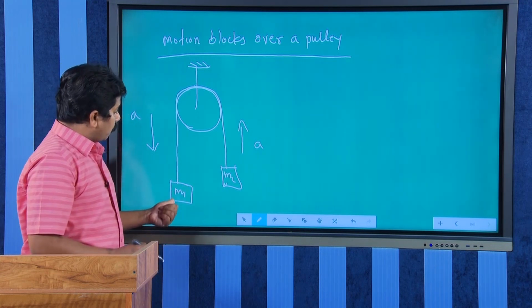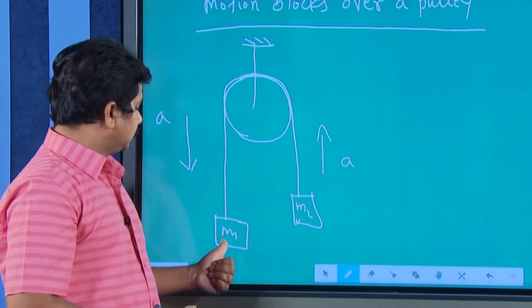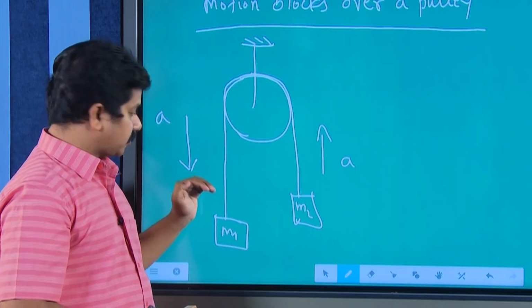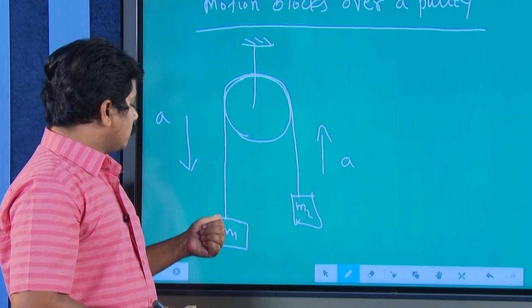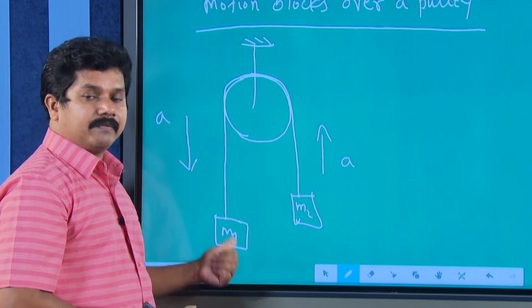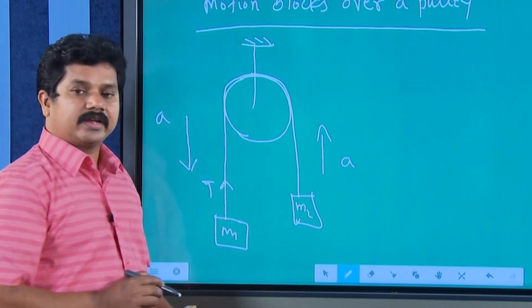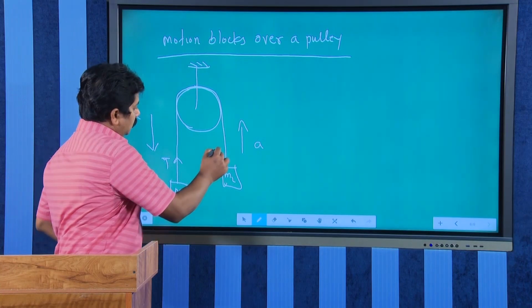Okay. Now, what are the forces acting on these blocks M1 and M2? Definitely there will be a tension. The string will apply a force on the block, that is what is called tension. What is the direction of the tension acting on M1? It will be upward. And what about the tension acting on M2? Also upward.